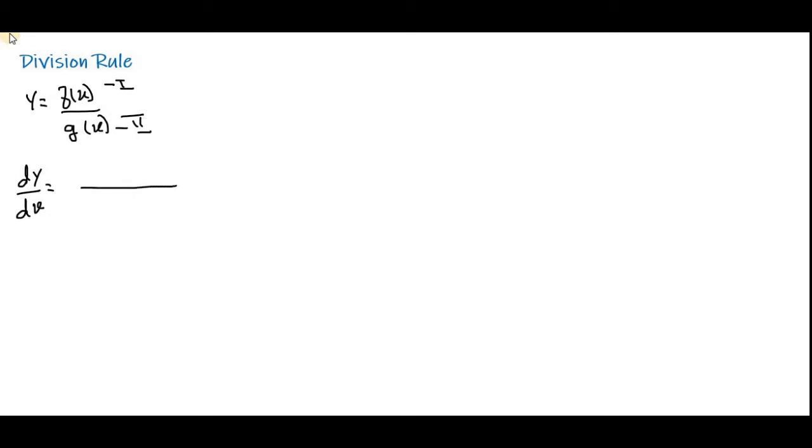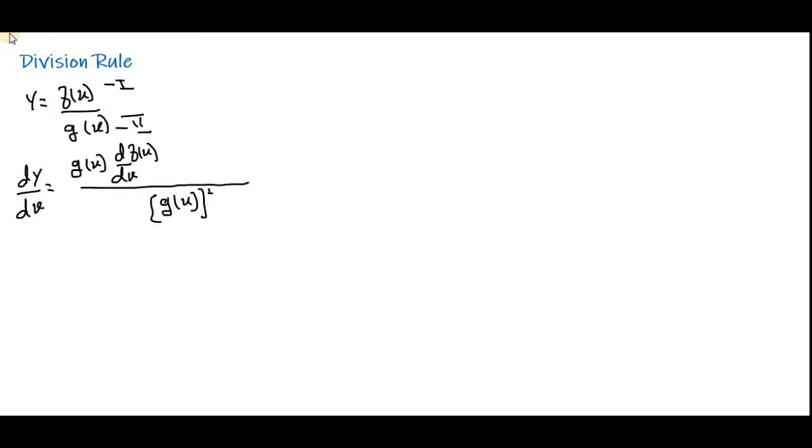So dy by dx is equal to g of x whole square, and g of x, which is second function, as it is.